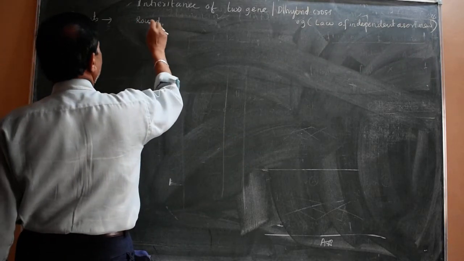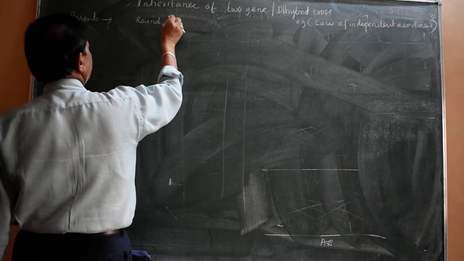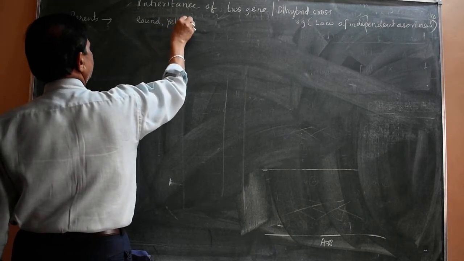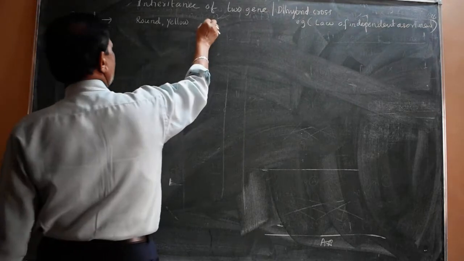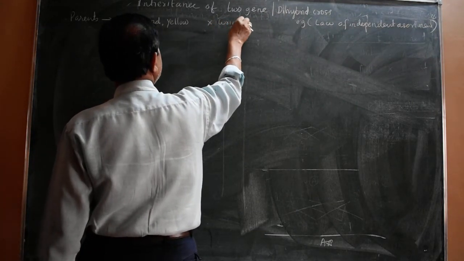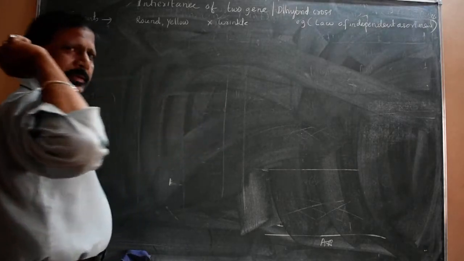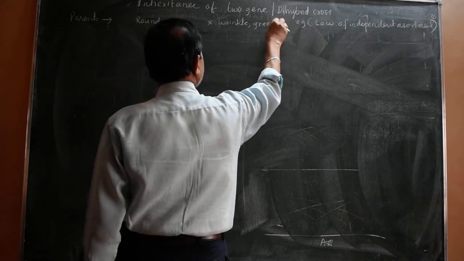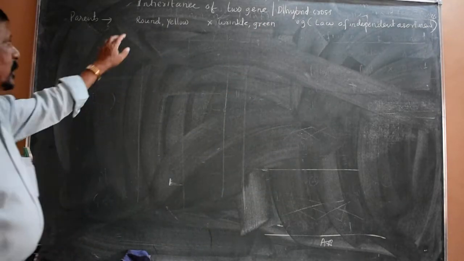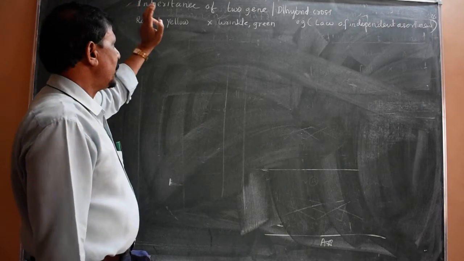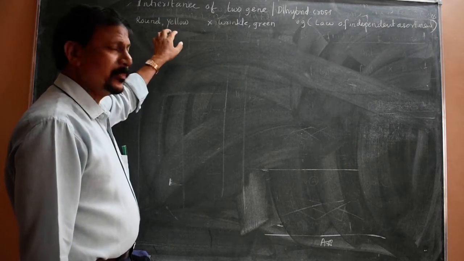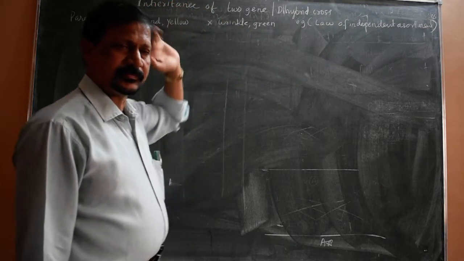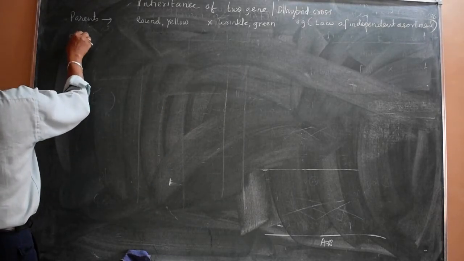One is seed shape, round, and another is seed color, yellow. Round is a dominant property, wrinkled is recessive; yellow is dominant, green is recessive. So a round, yellow-seeded pea plant is crossed with a wrinkled, green-seeded pea plant.